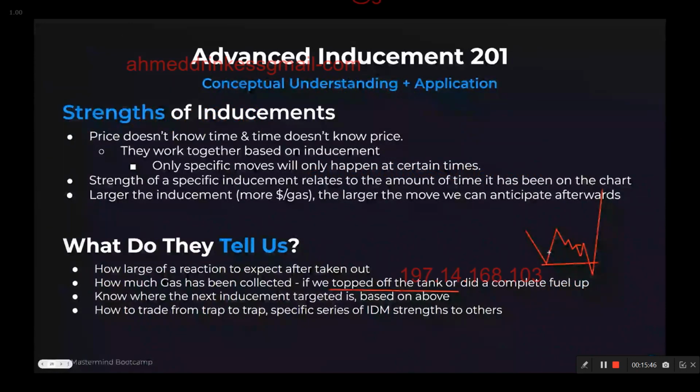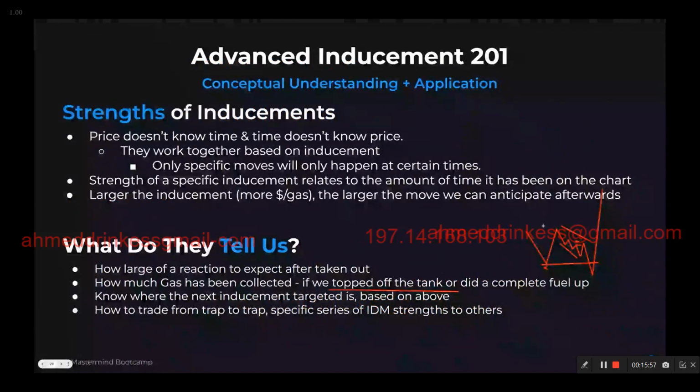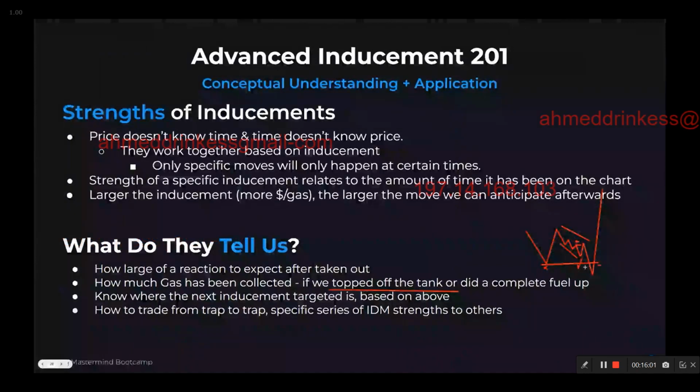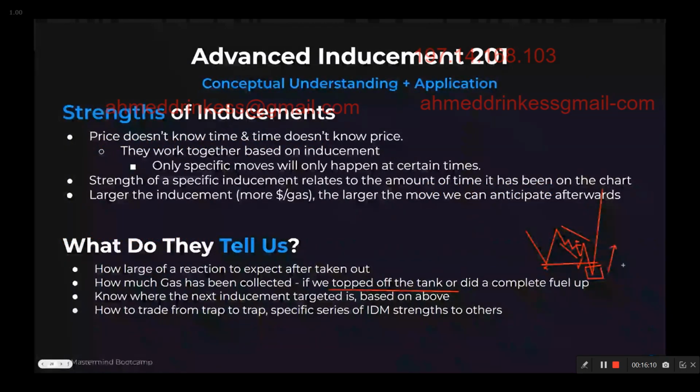So the strength of inducement tells us one of those two things. Are we either continuing to do a minor fuel up to go to our destination, or have we already reached our destination and are we ready to major fuel up at the major gas station to then reverse price the other direction? Let me know if anyone needs me to repeat that.